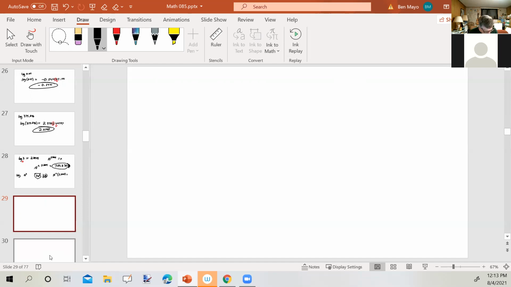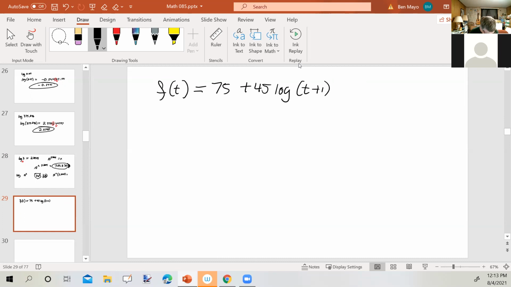She was told that with the proper oversight, the sunfish population could be approximated by the logarithmic function f of t equals 75 plus 45 times the log of t plus 1, where t is the number of years since the lake was stocked. Find the number of sunfish you can expect in the lake in 2.5 years.